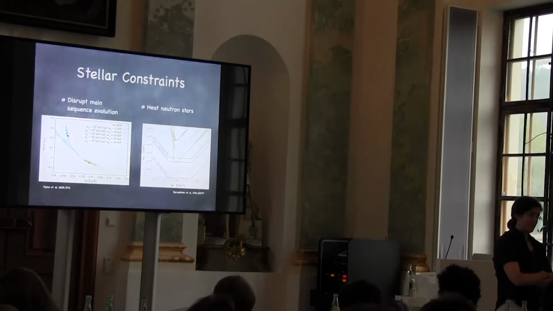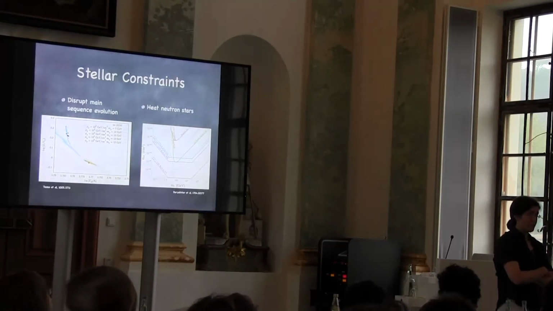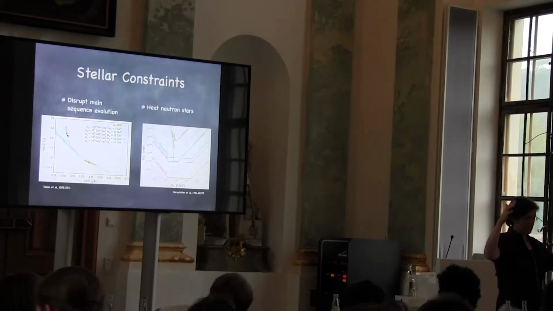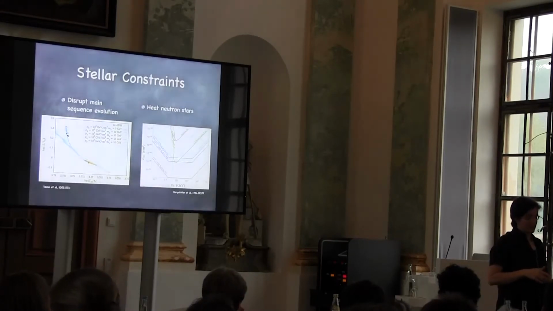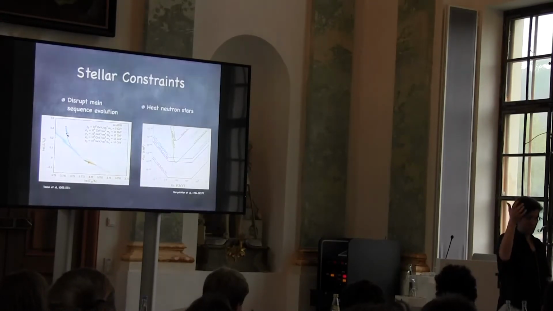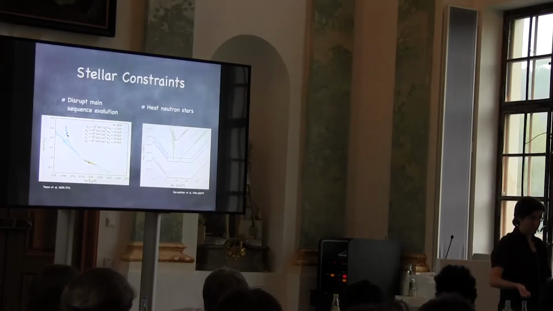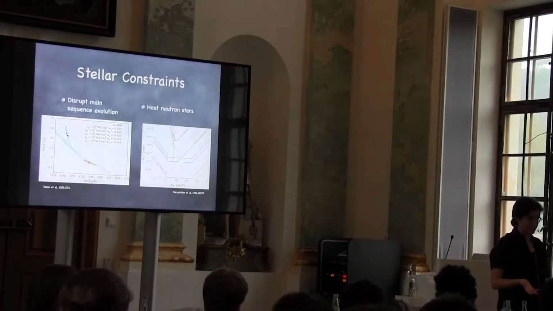So for example, when a dwarf in the halo passes through the disk, that can actually by itself reduce the central density. It's just the gravitational interaction of that dwarf subhalo with the disk that can reduce the central densities.